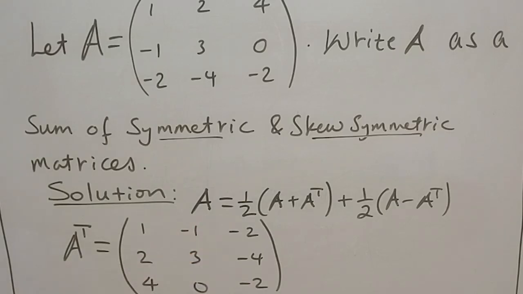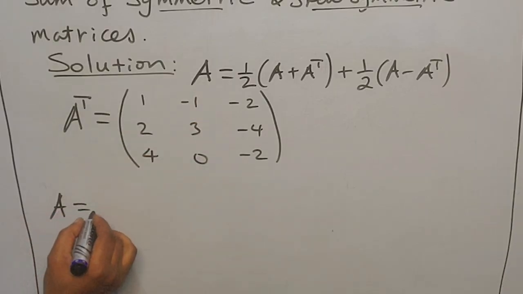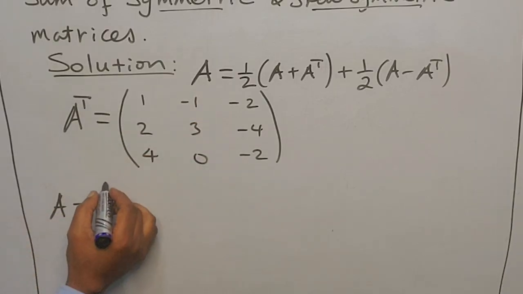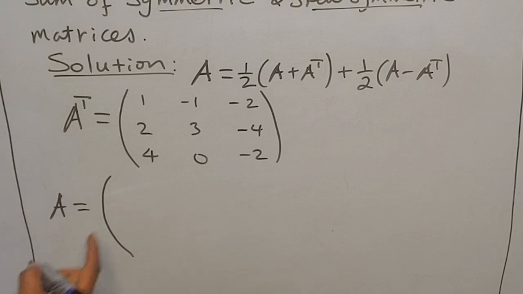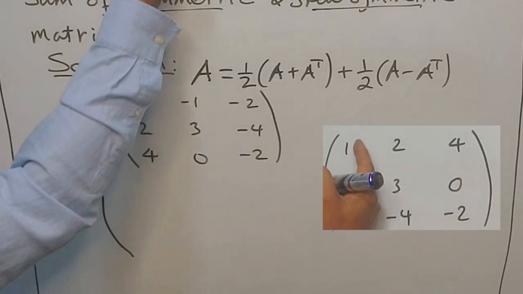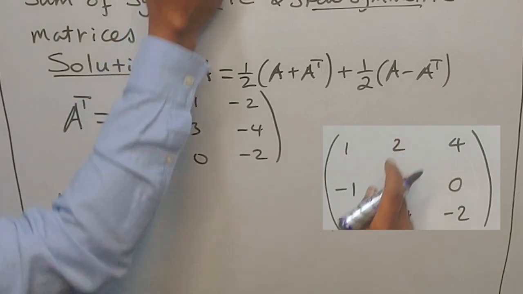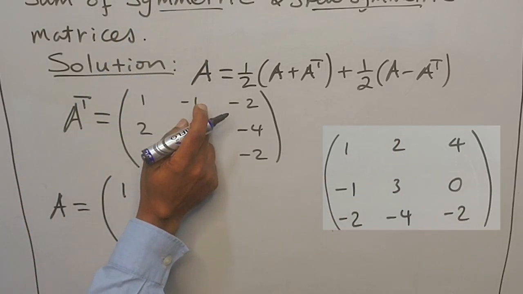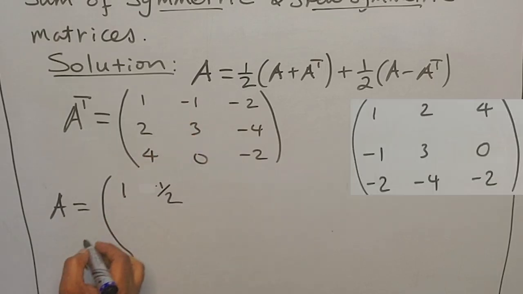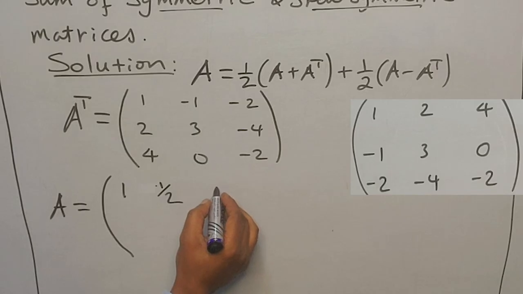Therefore, we write matrix A as the sum of A plus A transpose over 2. 1 plus 1, 2 over 2, that's 1. 2 plus minus 1, 1 over 2, 1 over 2. 4 plus minus 2, positive 2, divided by 2, 1.